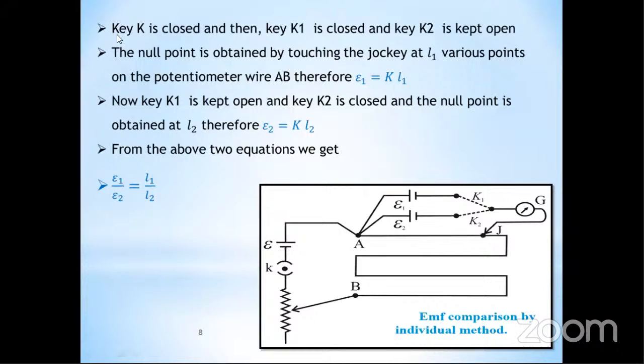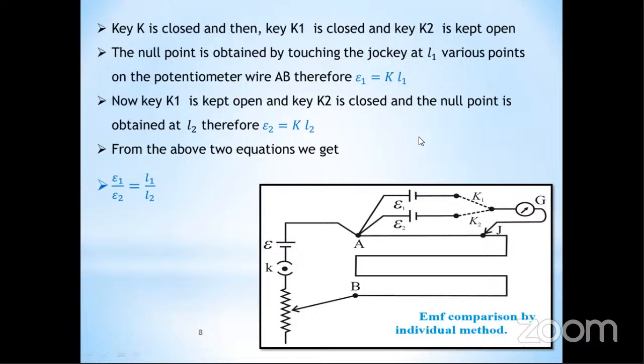First, K is closed, because in the first case we are going to take E1 only. In the next case, we are going to take E2. Therefore, K is closed, K1 is closed and K2 is kept open. Why is K1 closed? Because we are going to take E1 in the circuit first and then E2.